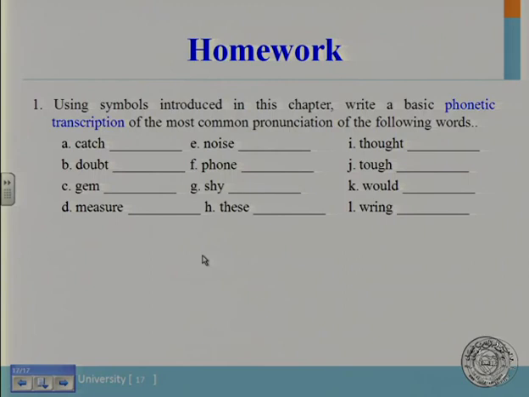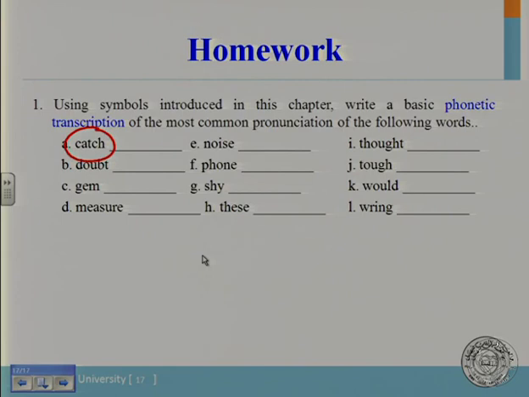For more practice, I prepared your homework. Here, using the symbols introduced in this chapter, write a basic phonetic description of the most common pronunciation of the following words. What you need is to try to write the phonetic description. For example, I'll do this one for you.